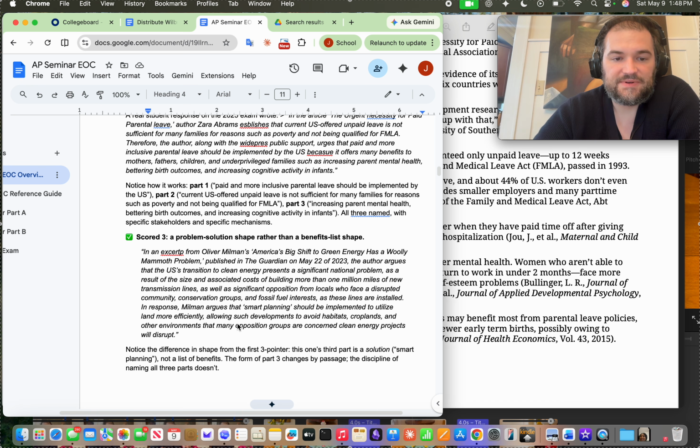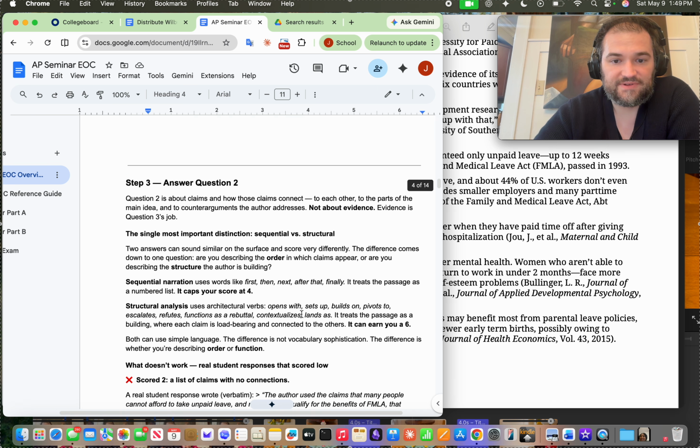And then in this one, it also is a problem-solution-y one, but the order is switched, with why it's good coming first, and it ends in the solution. So this is fine to do. But you have all 3 parts, and then with those in hand, you move on to question 2, which is about the line of reasoning.